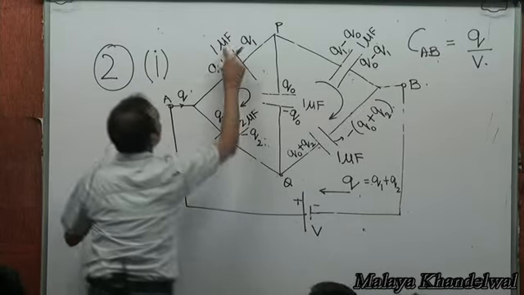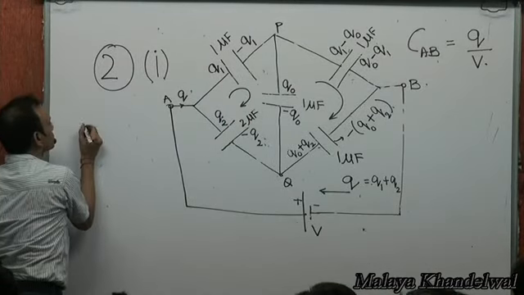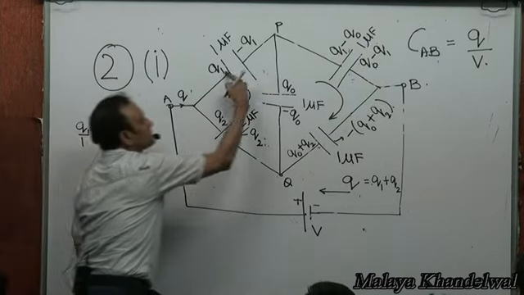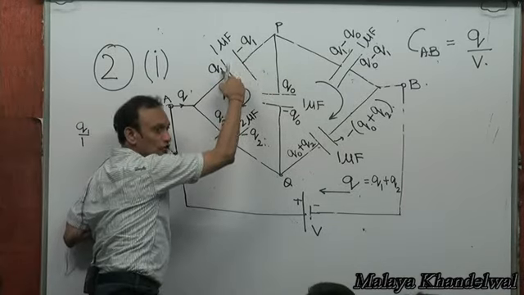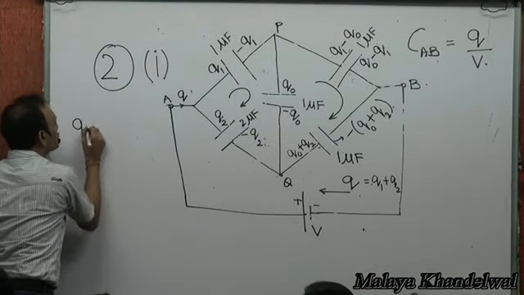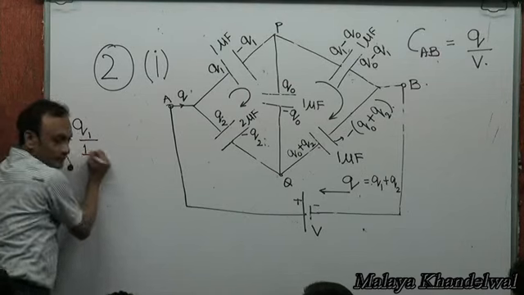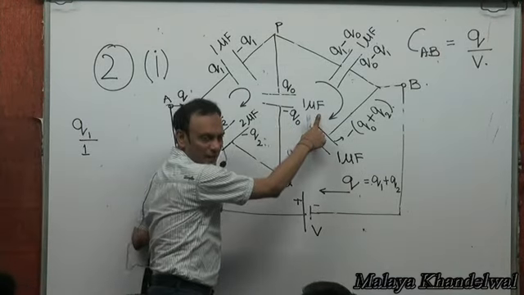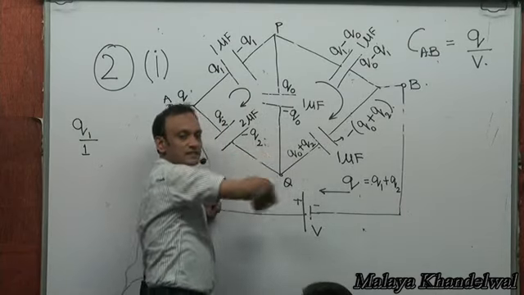So then, Q1 by 1 is the drop here, isn't it? Charge on the first plate divided by capacitance. That's the algebraic drop, Q1 by 1. Then, what's the drop from here to here? Q0 divided by 1. In this sense? Yes or no?